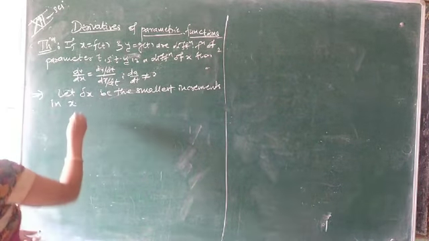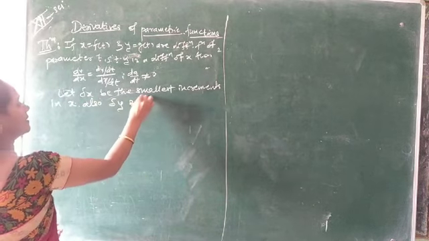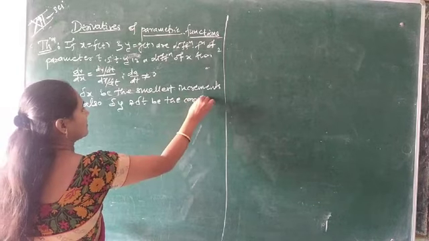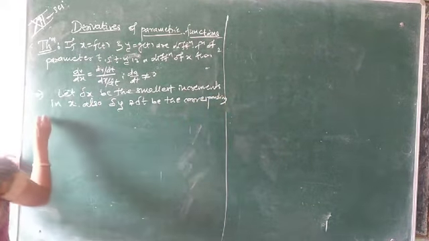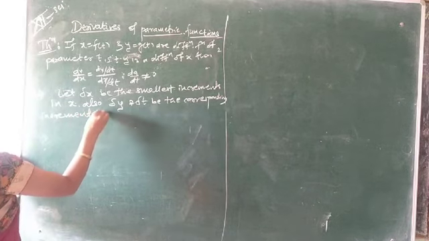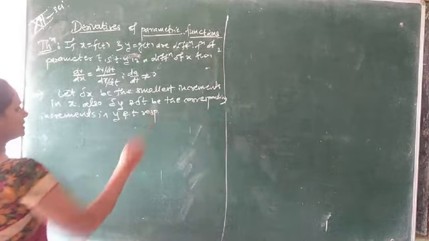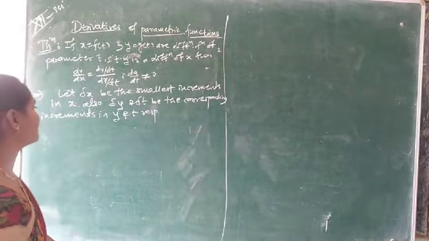Also, delta y and delta t be the corresponding increments in y and t respectively, means increment of y is delta y, increment of t is delta t.